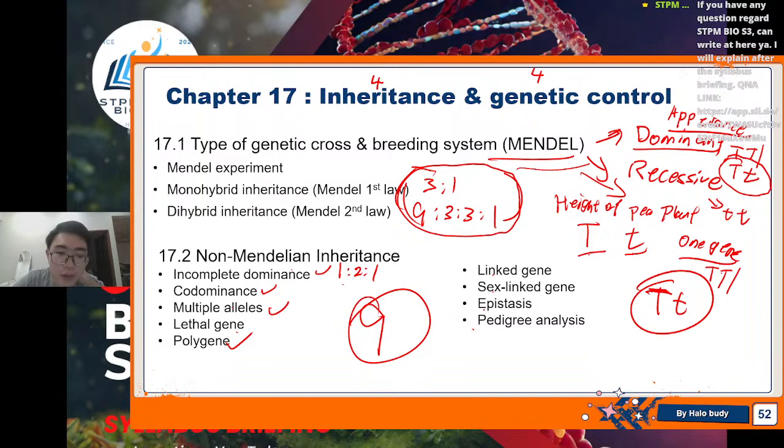You learn, you know. And then lethal gene, 3 to 0? Yes, 3 to 0. But how to get it? You will know later. And linked gene is also interesting. Like dihybrid, for Mendel you will get 9:3:3:1, but for linked gene you only get 3:1.